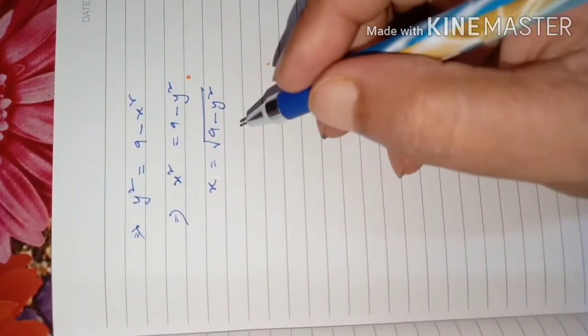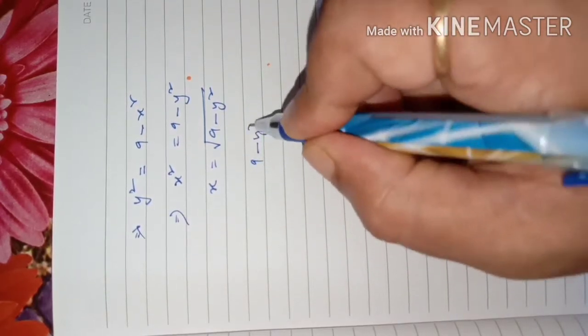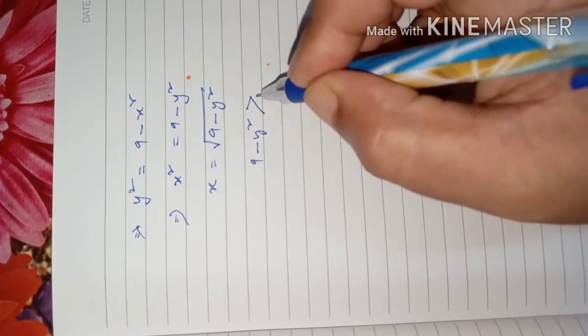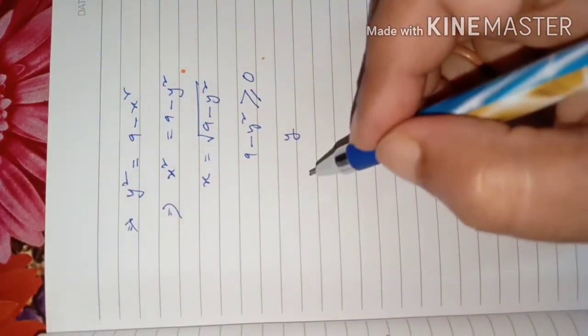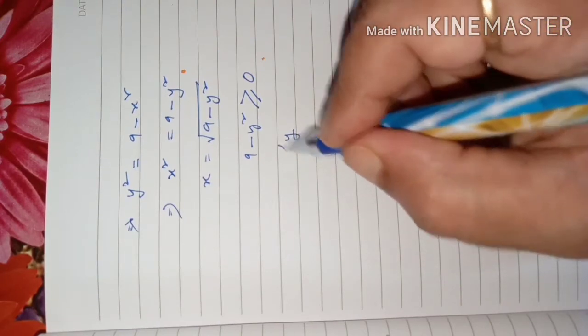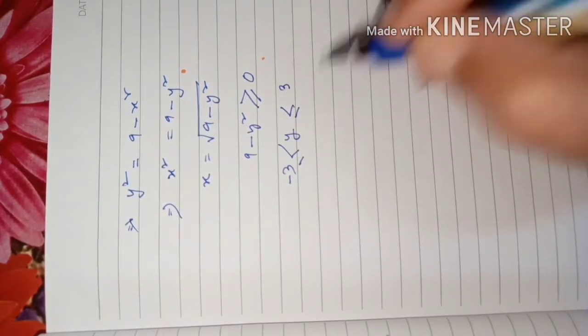So you see, 9 minus y square should be greater than or equal to 0. That means y should be like before, as x was lying between minus 3 and plus 3, y also lies between minus 3 and plus 3. But, here is a but.